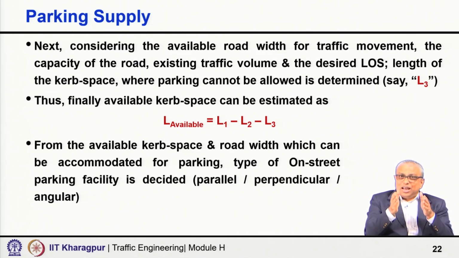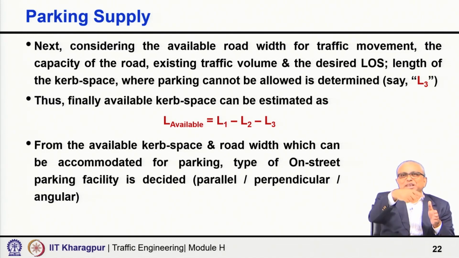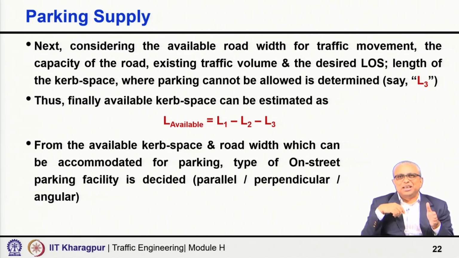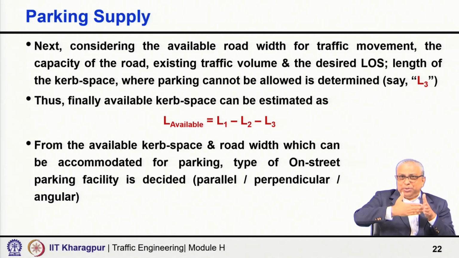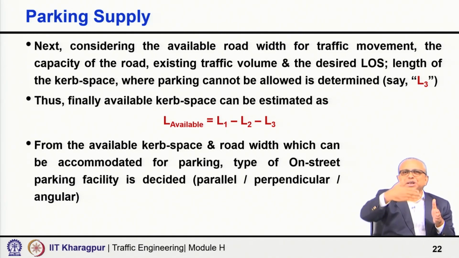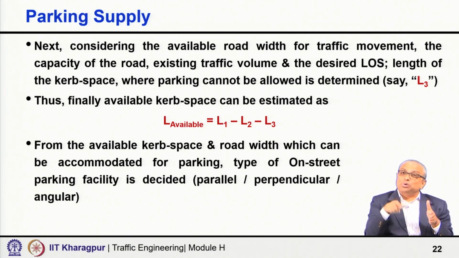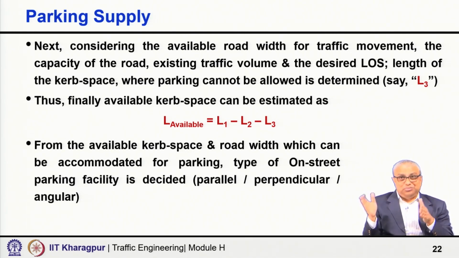If you are allowing parallel parking, you are encroaching the carriageway the least, but you can accommodate fewer vehicles over a given length of road. If it is perpendicular, you can accommodate the maximum number of vehicles for a given curb length, but you are also causing maximum encroachment on the existing carriageway. So, the through traffic has to suffer much.